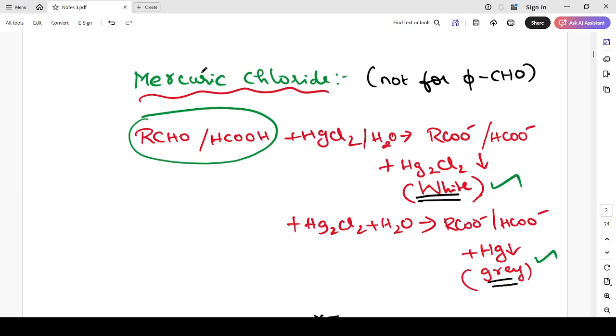The next reaction is mercuric chloride. I have aldehyde. Aliphatic aldehyde reacts in this reaction, not aromatic aldehyde.